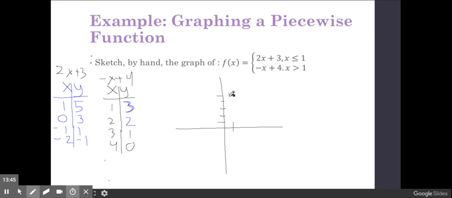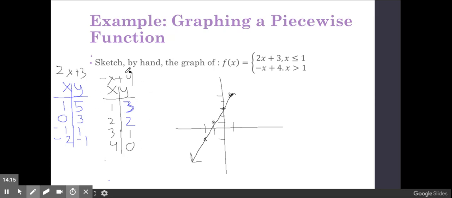This is where my graph is going to start, right at this point, (1, 5). And then I'm going to go to (0, 3), which is right here. And then I'm going to go to (-1, 1), which is right here. And then (-2, -1), which would be right here. And I start at my starting point, and I'm going to connect these and draw an arrow because my line is going out this way.